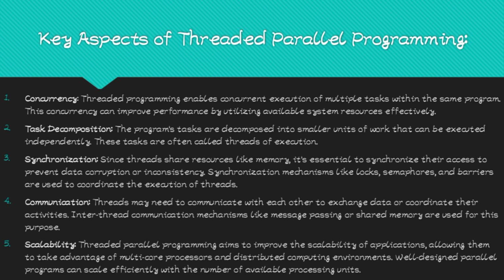Threads may need to communicate with each other to exchange data or coordinate their activities. Regardless, they are threads of the same task, so they still need to communicate and ensure they are doing the same thing within the same task. Inter-thread communication mechanisms like message passing and shared memory are used for this purpose.